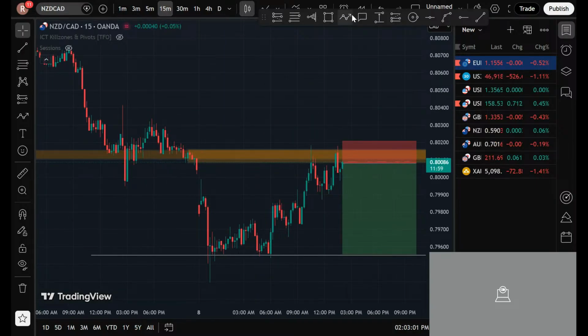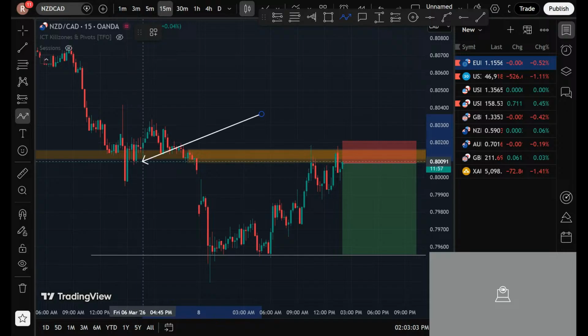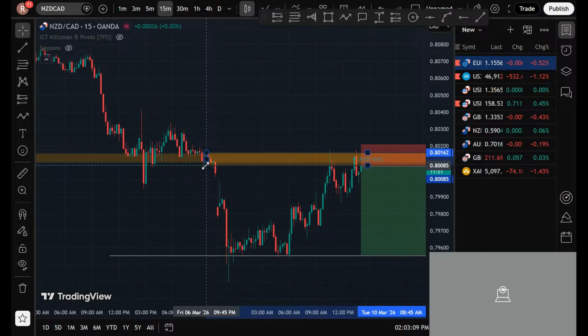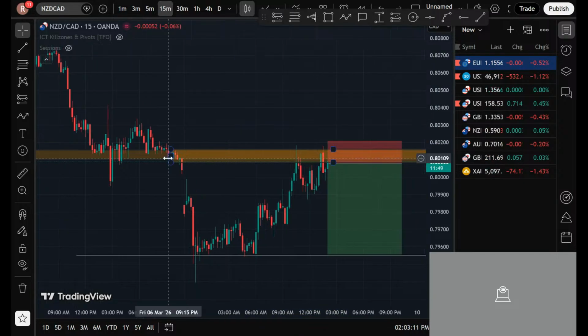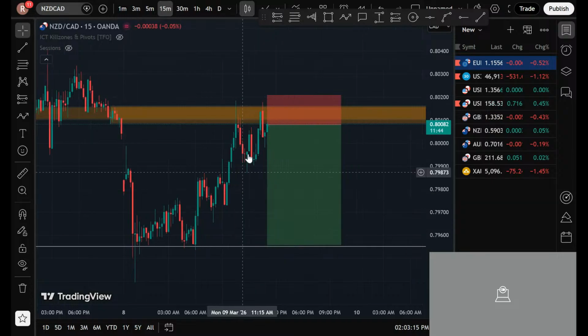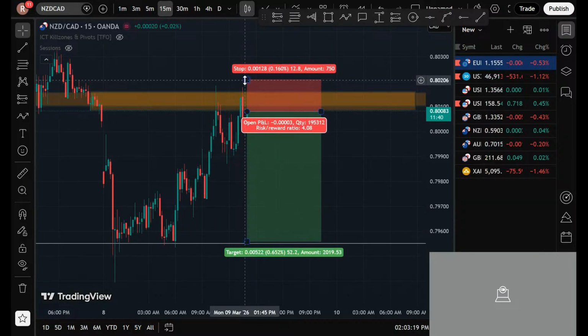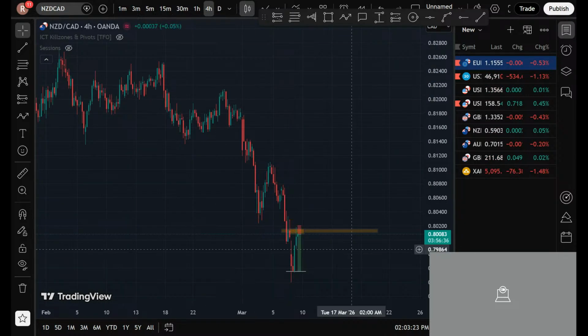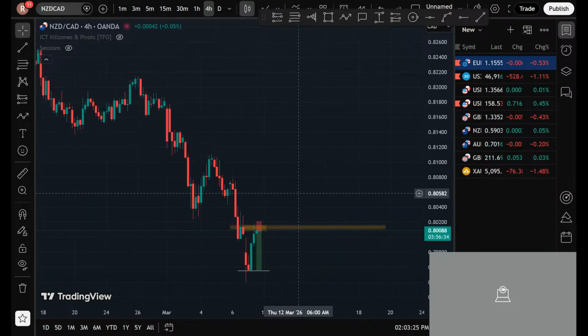On the 15 minutes, all the other order flows are mitigated, so we just have this order flow left.